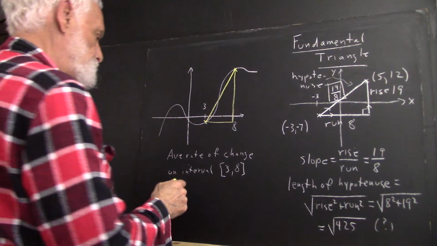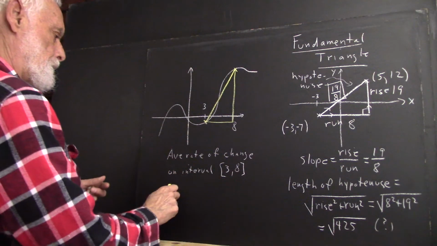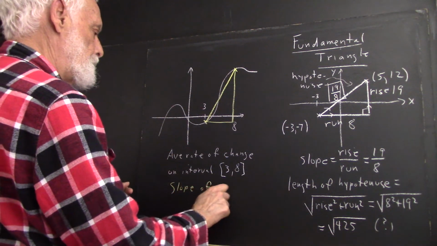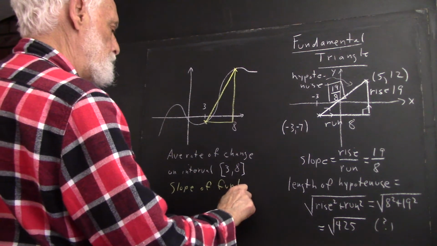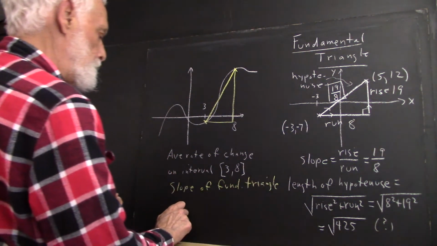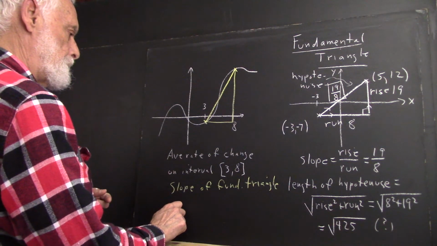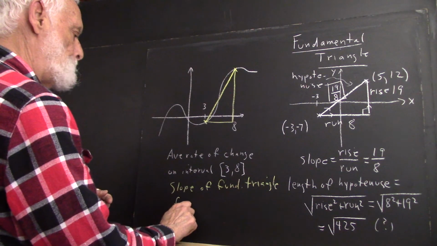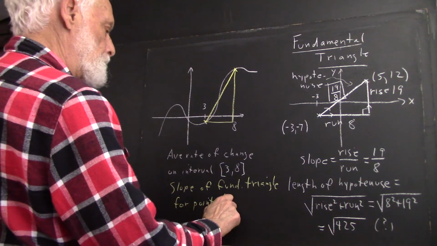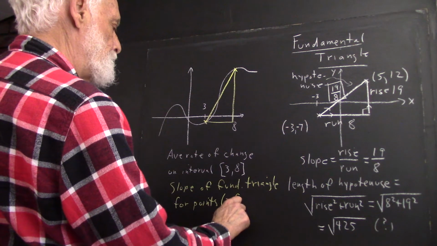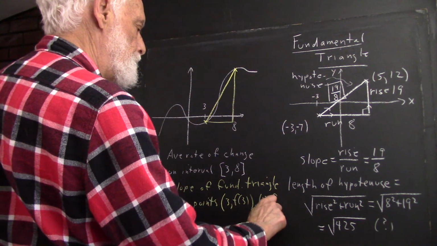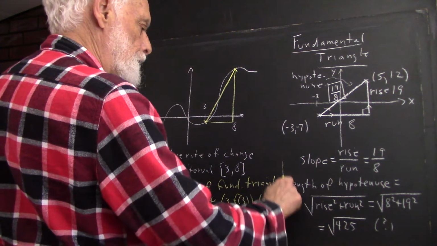So that's a fundamental triangle for the points 3, f of 3, and 8, f of 8.